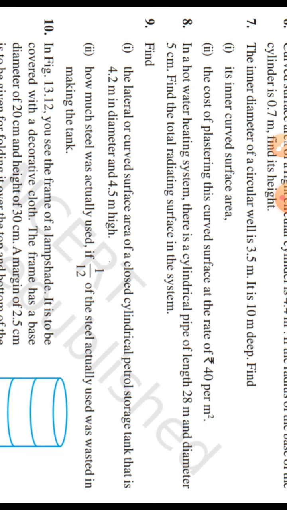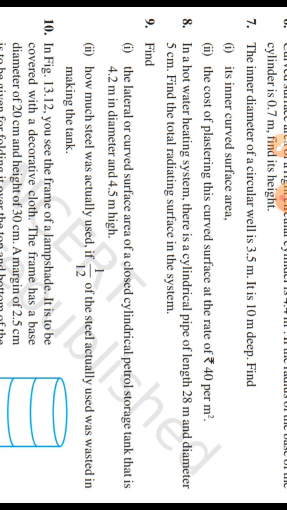The inner diameter of a circular well is given 3.5 and height is given 10. Actually it is depth, but depth, length or height, all three words are equal. Find its inner curved surface area, means CSA. And the second portion is the cost of plastering this curved surface area at the rate of rupees 40 per meter square.